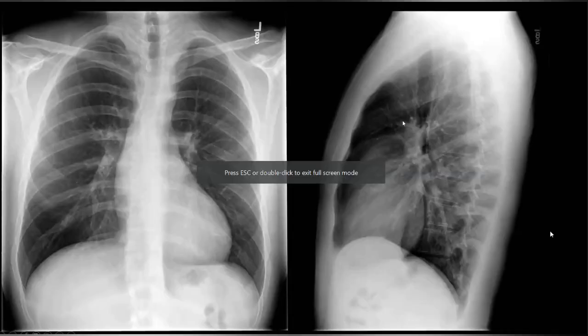And there's another thing that is absent over here, or it's less pronounced. What do you think about the arch of aorta? The arch of aorta is small. So does it tell you anything?